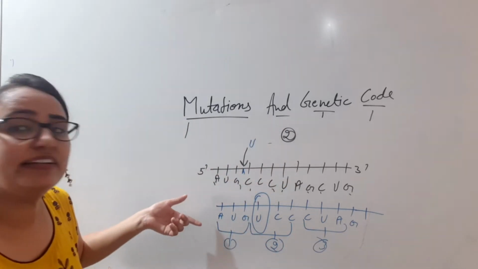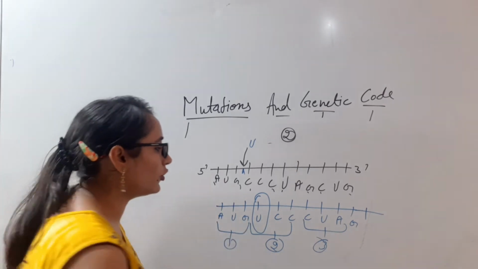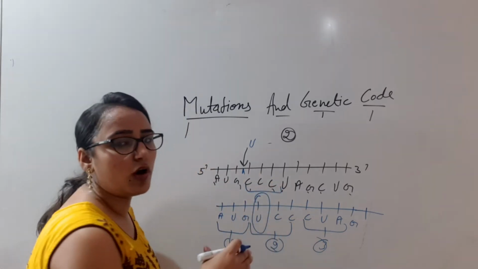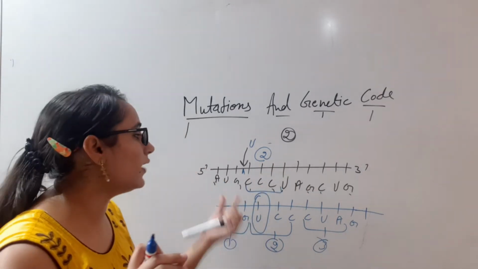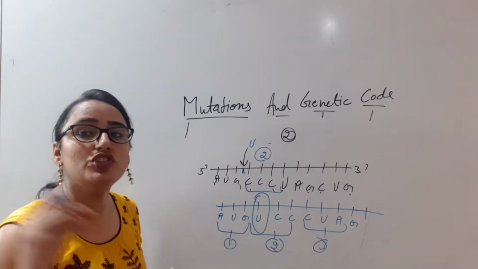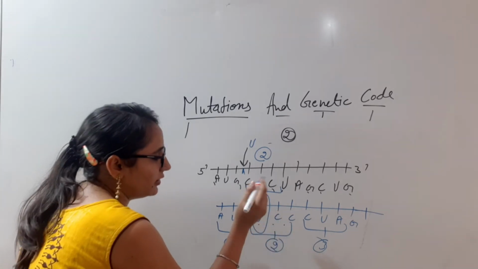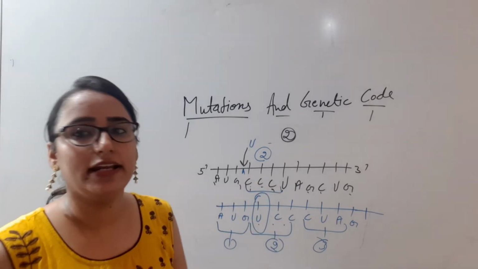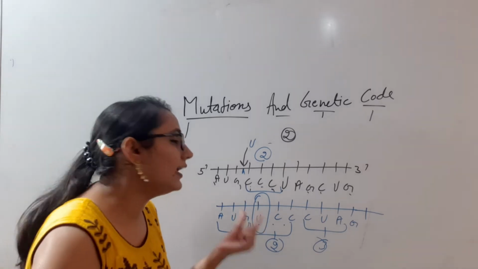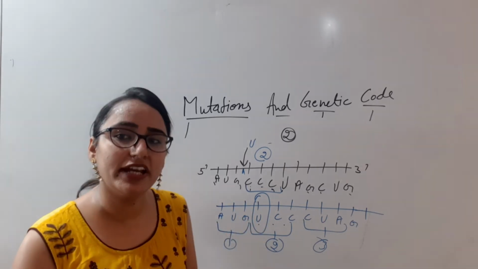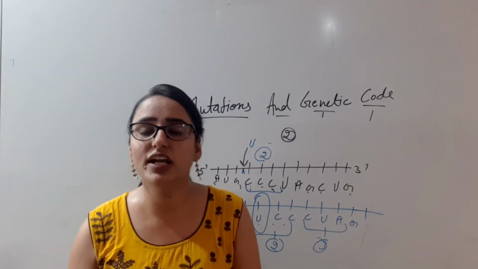You can easily compare these two RNAs and see that the first codon is same, AUG AUG, but the second codon in the previous RNA, or in the raw RNA, is CCC. But the insertion of U after the first codon will lead to change in the reading frame of mRNA, and the second codon will be now UCC instead of CCC. In the raw RNA or in the unmodified RNA, the second codon is CCC, but in the modified RNA, after the insertion of one nucleotide, the reading frame gets changed and the second codon will be now UCC. So this insertion will change the reading frame of mRNA.